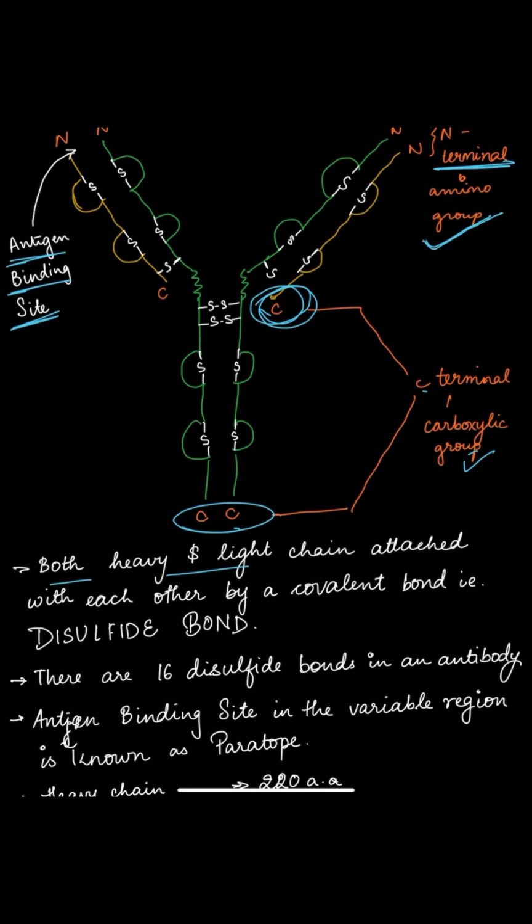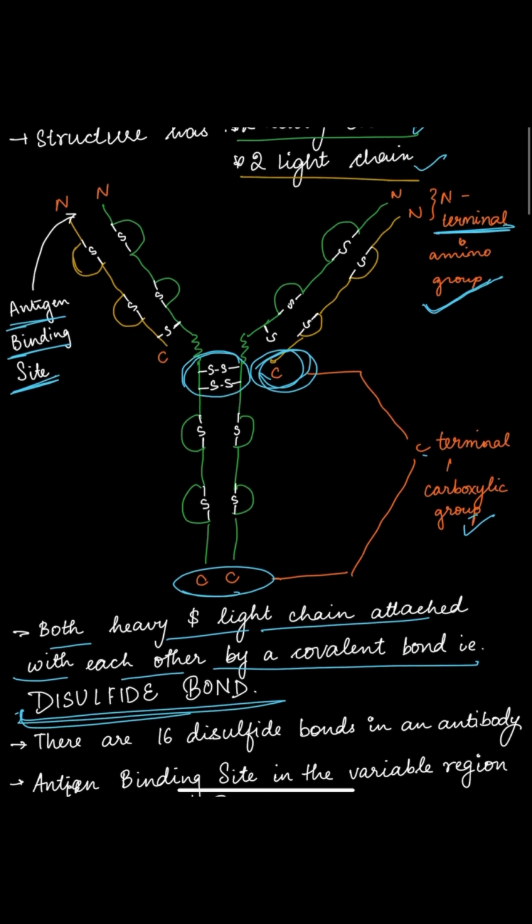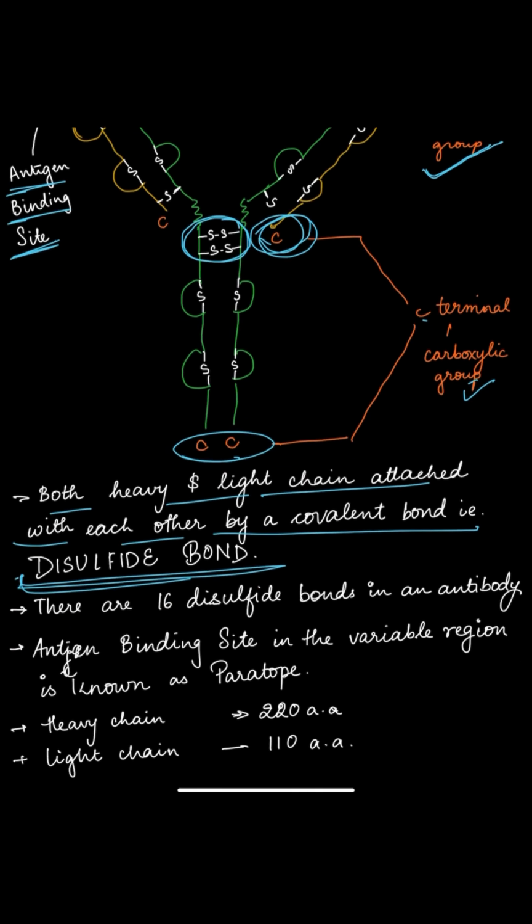Both heavy and light chains are attached to each other by a covalent bond, that is the disulfide bond. You can see here it is attached by disulfide linkages. There are 16 disulfide bonds.